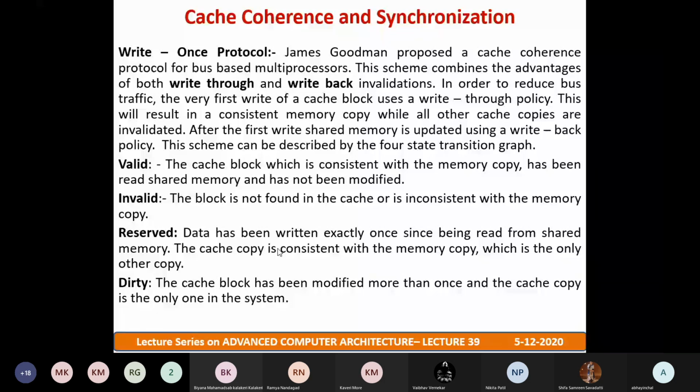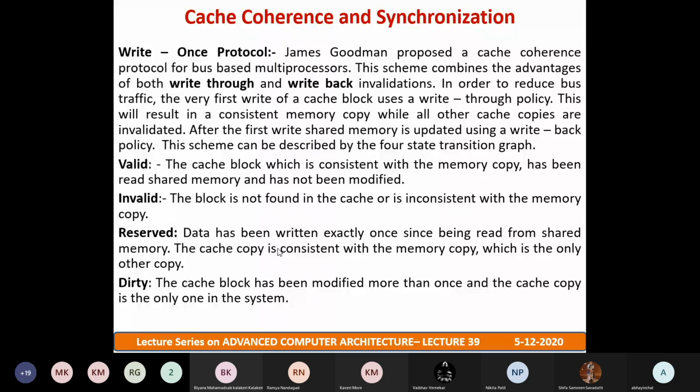Valid: the cache block is consistent with the memory copy, has been read from shared memory, and has not been modified. Invalid: when the block is not found in the cache or is inconsistent with the memory copy, it is said to be invalid.